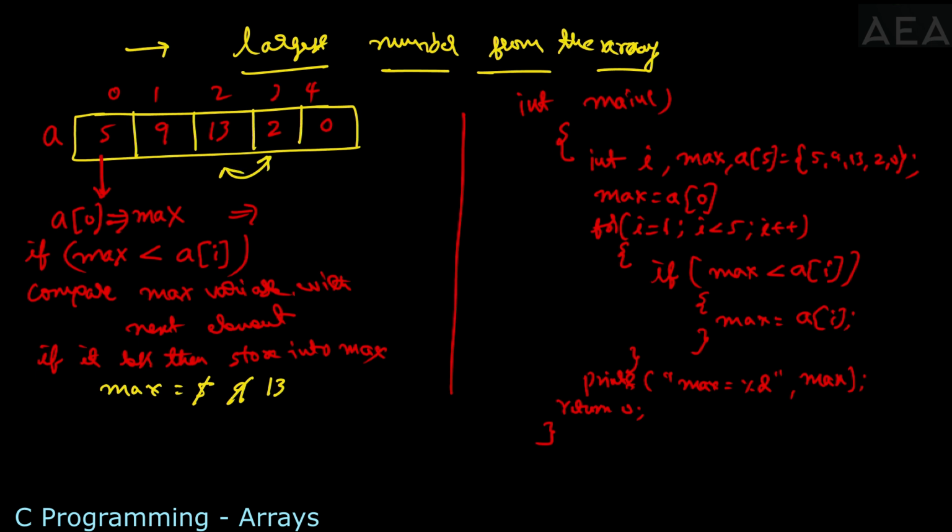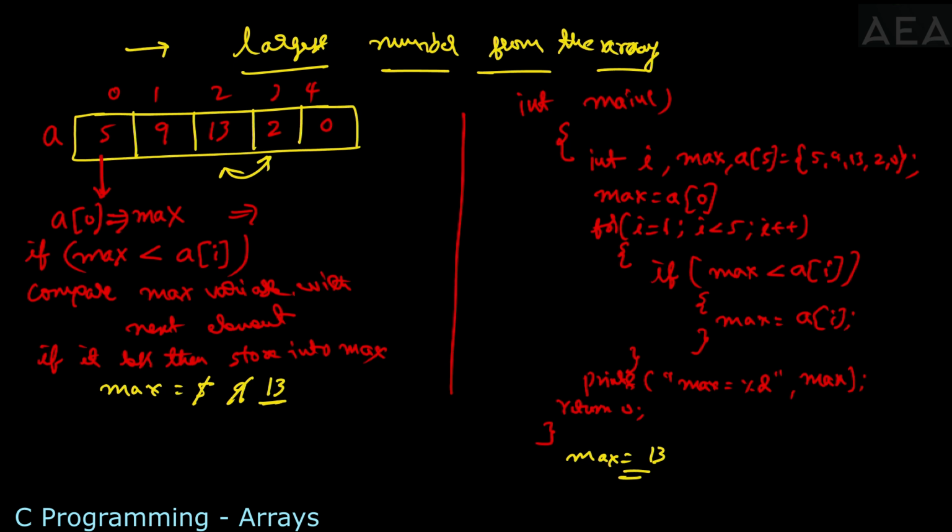This 2 is less compared to 13, so it does not satisfy the condition max less than a of I. 13 less than a of I, which is 2 now, so the condition is false, it does not enter the if body. Again I increments, 13 compares with 0, so that does not satisfy. So finally what is the max variable now? 13. So the output is 13.